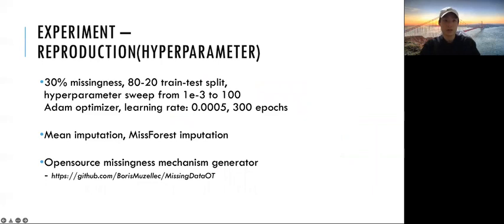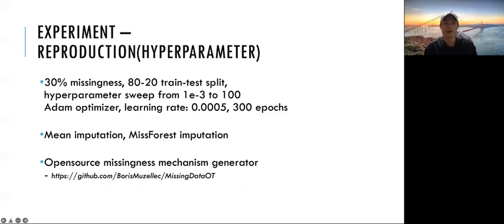And here we're going to talk about the reproduction process that we went through. For the reproduction process, we have attempted to reproduce the proposed results on synthetic data by tuning hyperparameters. We have performed a log-based sweep for beta 1 and beta 2 from e to the -3 to 100, with mean and missForest baseline imputation on MCAR, MAR, and MNAR settings, all three settings.